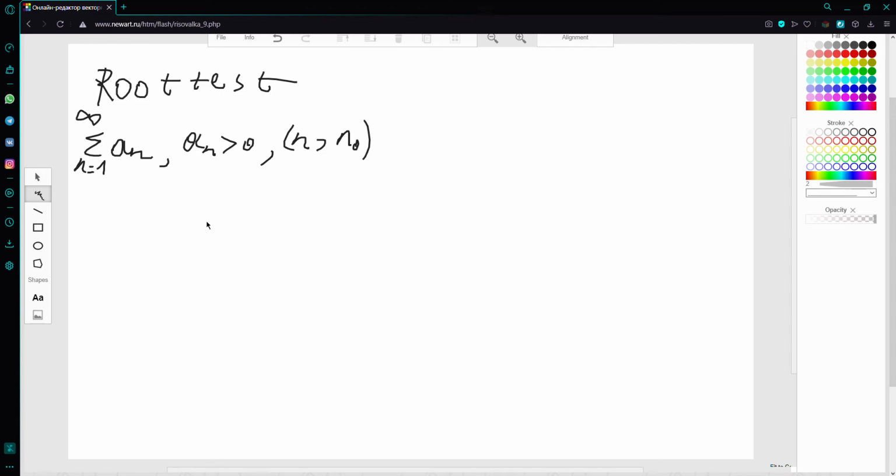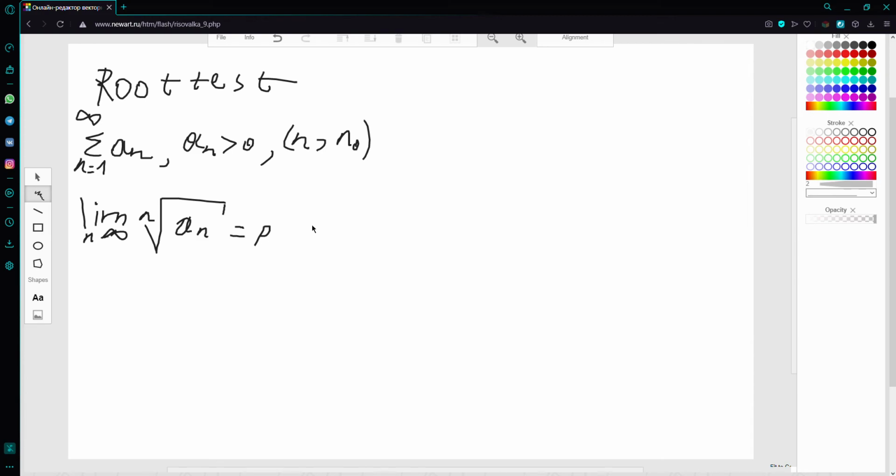We can consider the limit as n goes to infinity of the n-th root of a_n. It will also be some p.